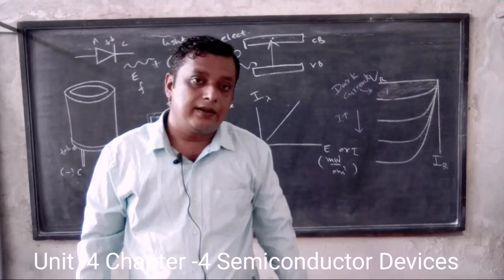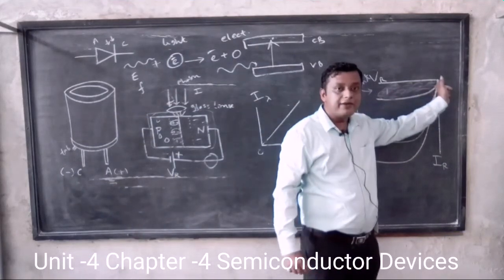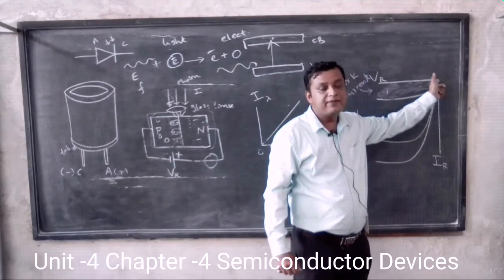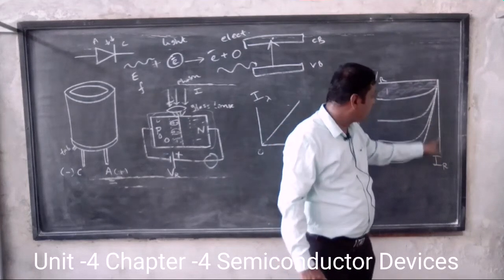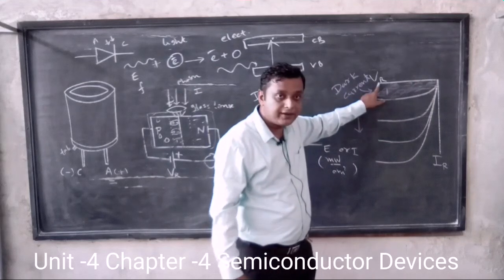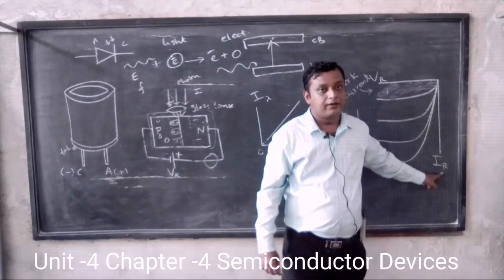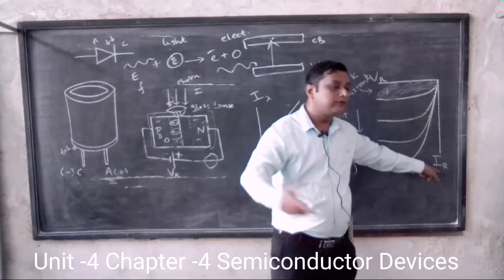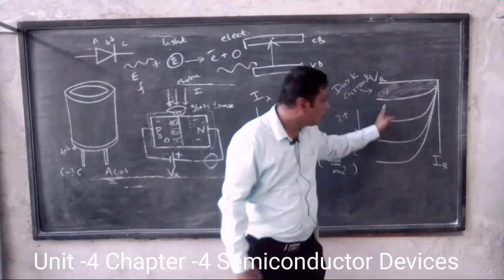But this is the reverse bias characteristics of the photodiode. Graph: reverse voltage, reverse current at different values of incident intensity.